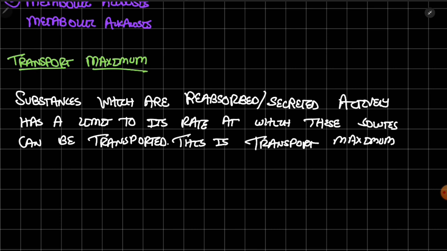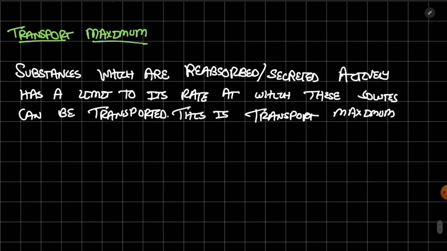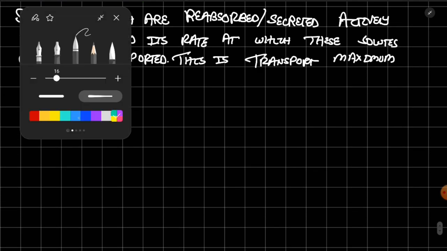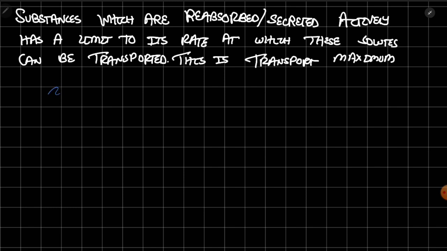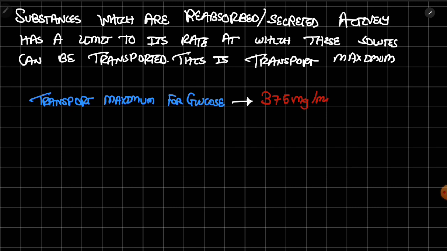Now for this transport maximum, there is one important graph which we will study in a short while, but let me write something which will blow your mind. The transport maximum for glucose is 375 milligram per minute.